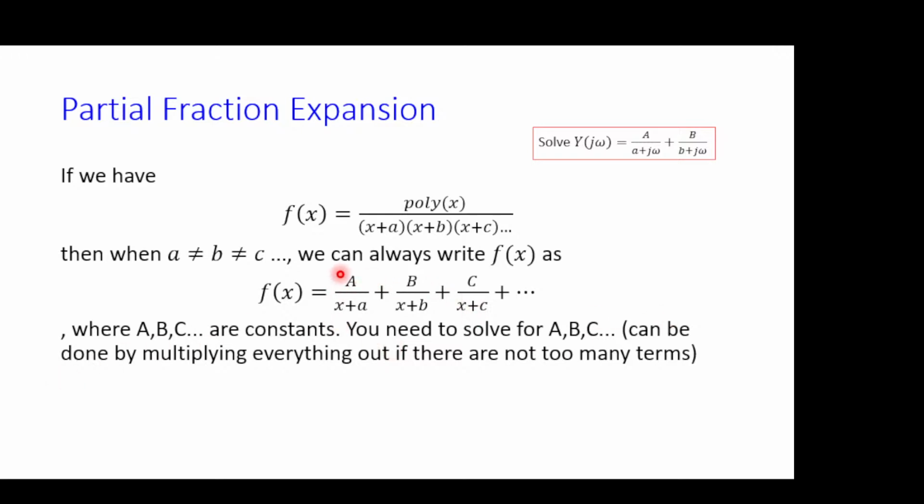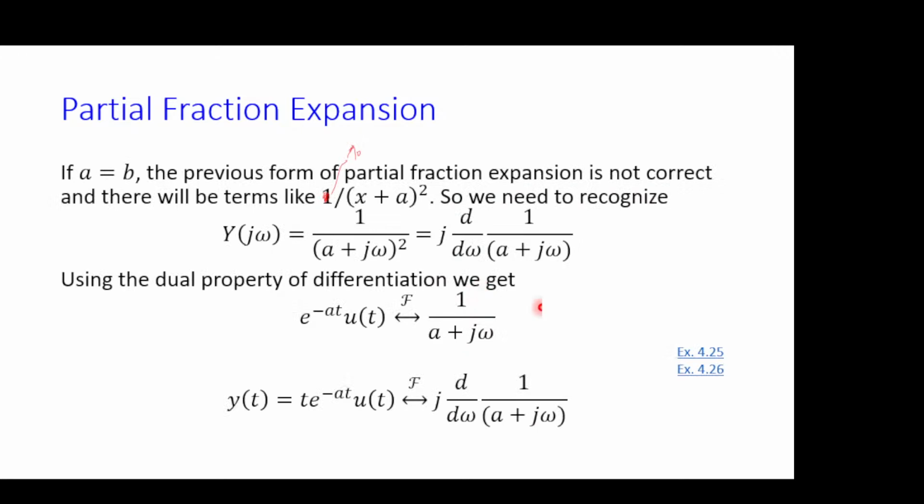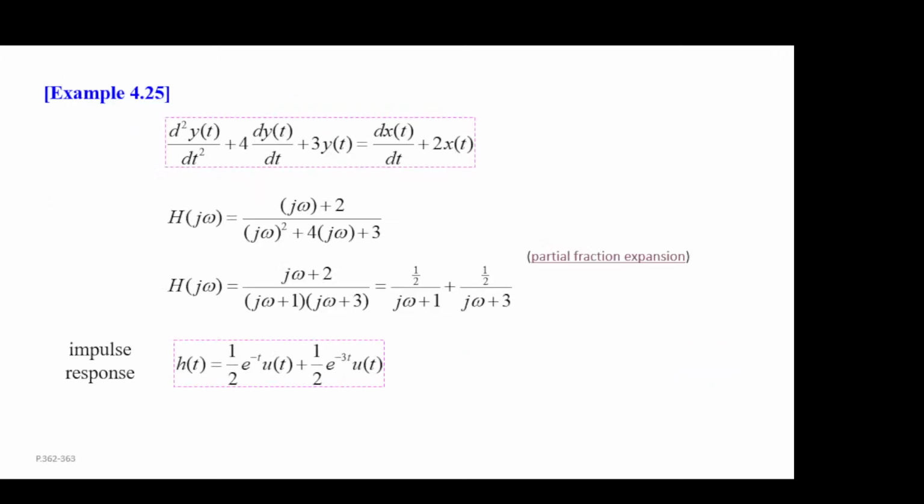As we said, you have those A, B, C to solve for. There are formulas, but you can also just solve them by multiplying everything out. And let's try to go back. Can I click? No. So click. Yeah, so that's a partial fraction expansion.